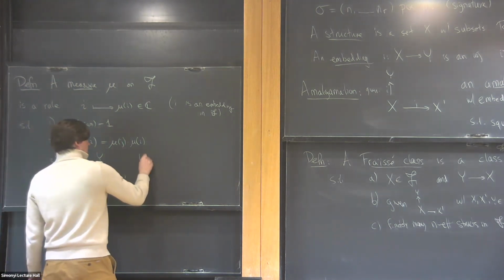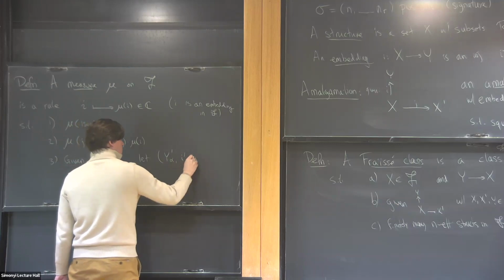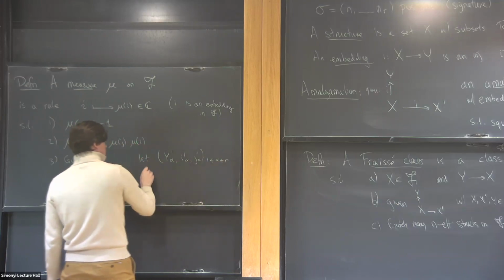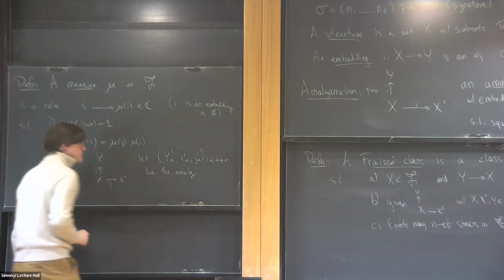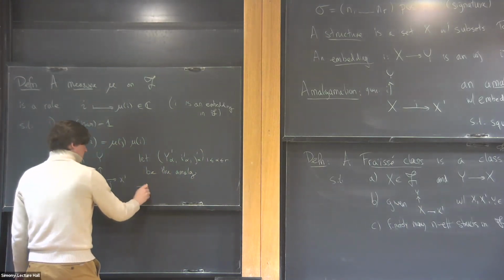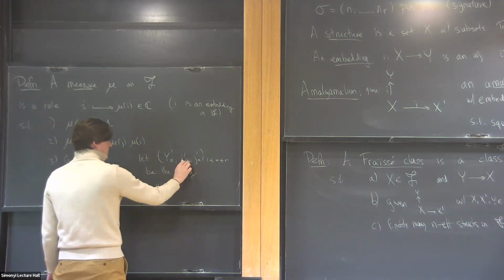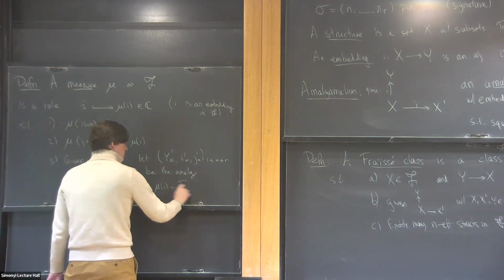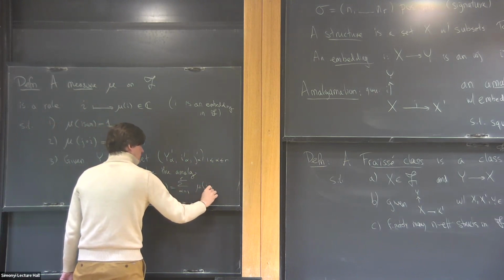Let y prime alpha, i prime alpha, j prime alpha, for alpha between 1 and r, be the various amalgamations up to isomorphism. The condition is that the measure of this embedding i should be the sum of the measures of the i primes here: the sum over alpha from 1 to r of mu of i prime alpha.